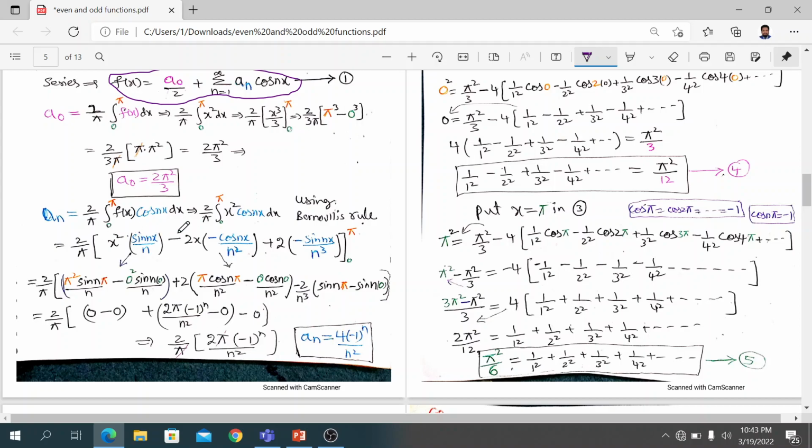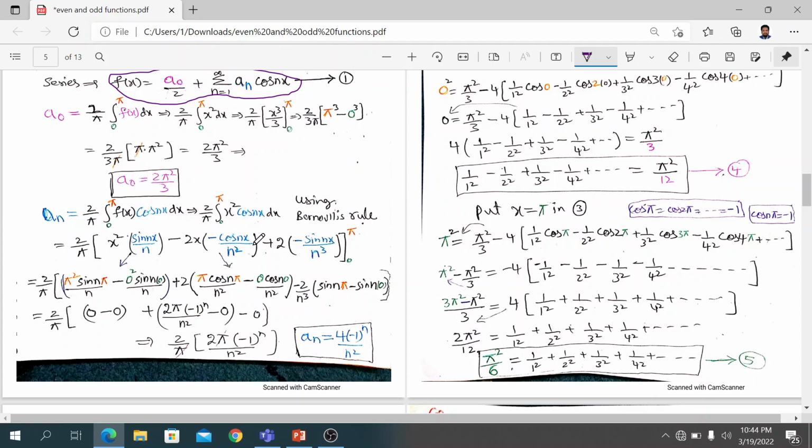Now v, cos nx, integration is sin nx by n. Sin nx integration is minus cosine nx by n square, and minus cosine nx by n square integration is minus sin nx by n cube. Now limits apply, upper limit minus lower limit. Here pi square sin n pi by n minus 0 square sin n 0 by n. Next minus into minus is plus, 2 outside.